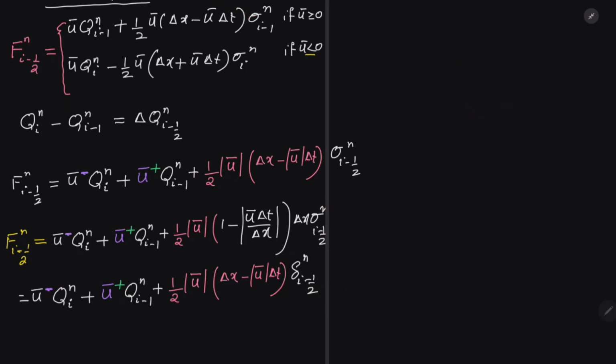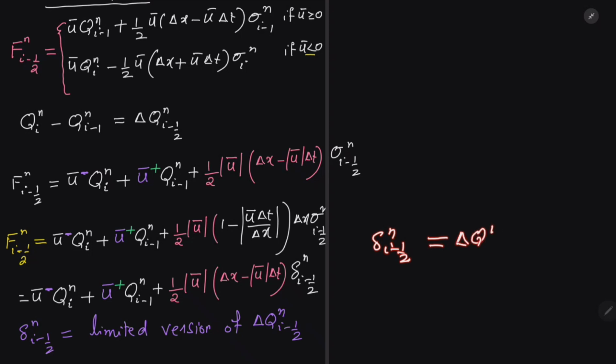So what is delta_{i-1/2}? Delta_{i-1/2} is the limited version of delta Q_{i-1/2}. For example, if delta_{i-1/2} is equal to delta Q_{i-1/2}, you will get the Lax-Wendroff method.